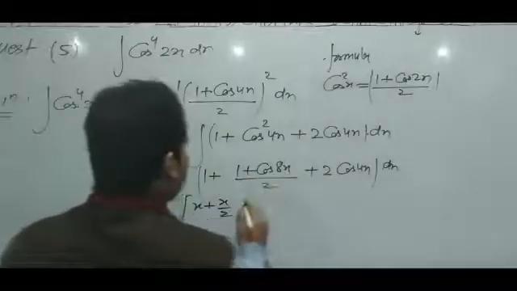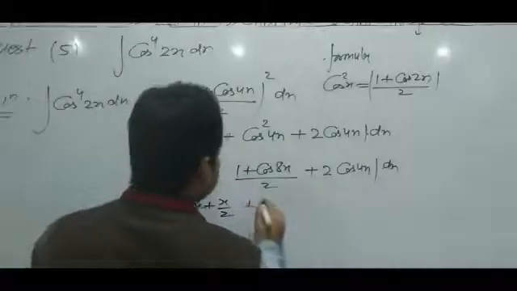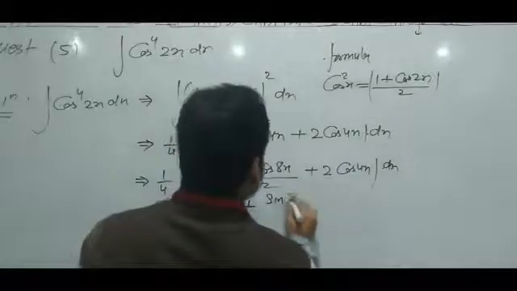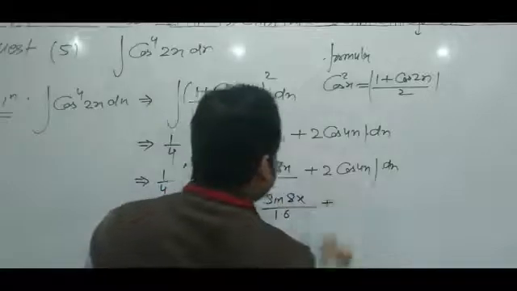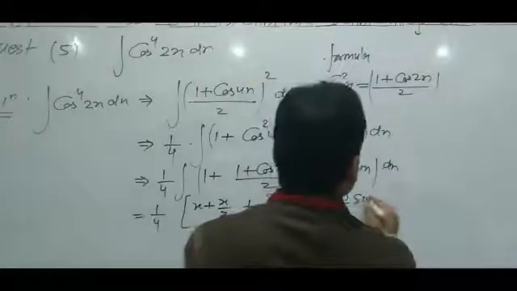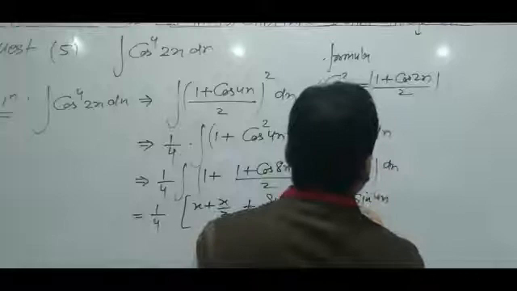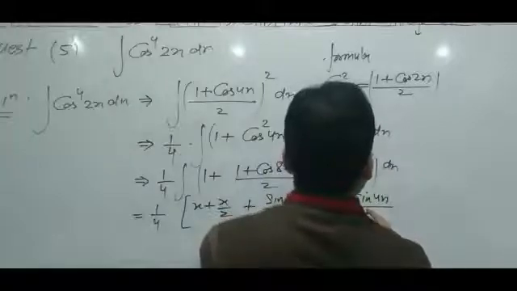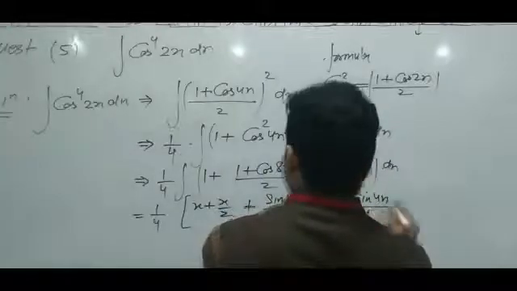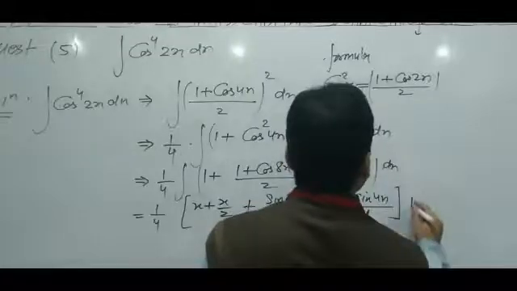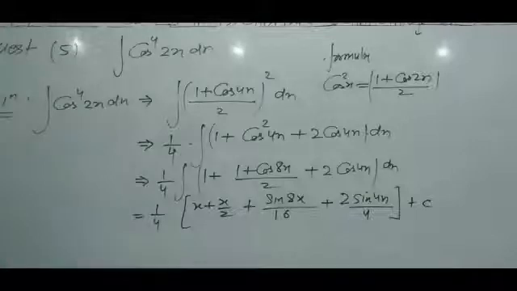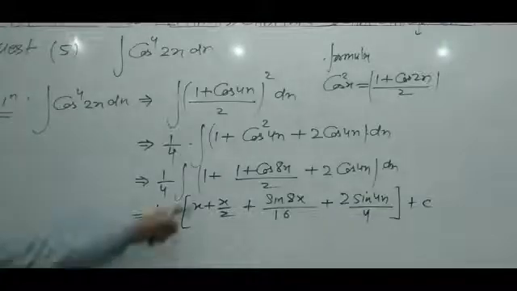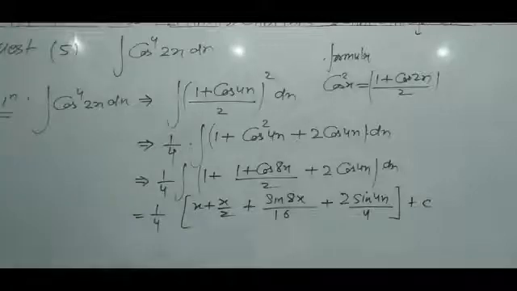And now the integration of cos 8x is sin 8x by 8, and into 2 the result is 16. So plus 2 times sin 4x upon 4. And now plus c. Now see, what can we write? This result we can write as 3x by 2.